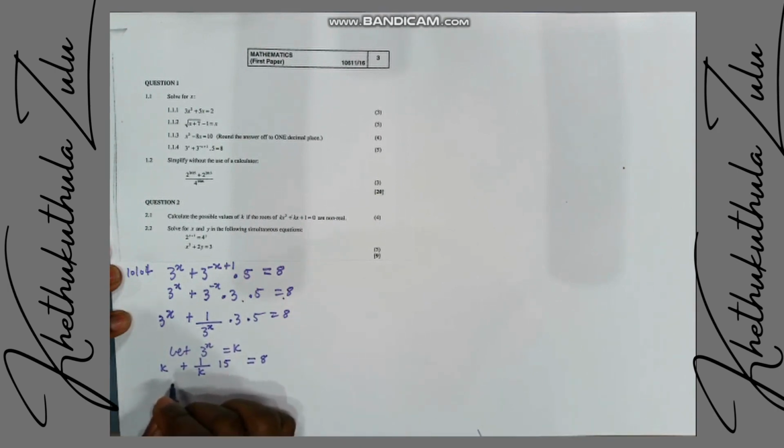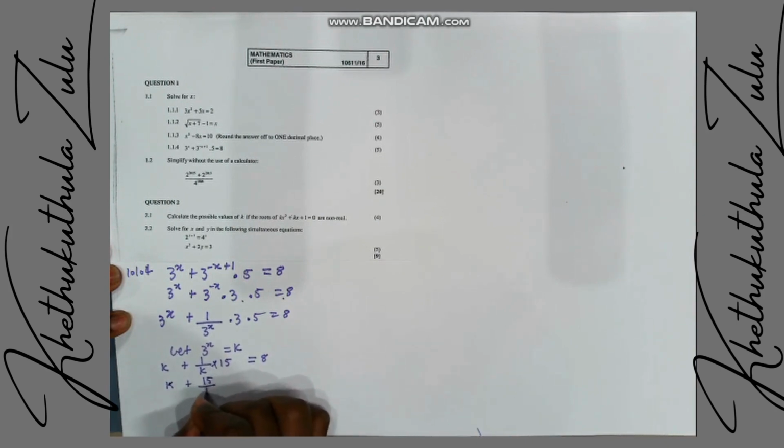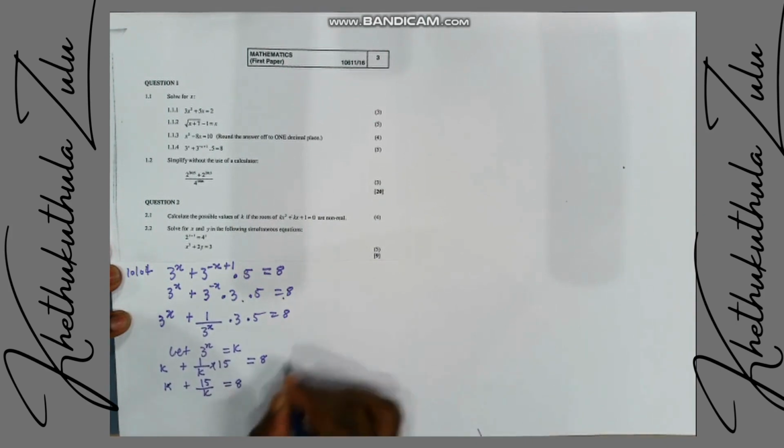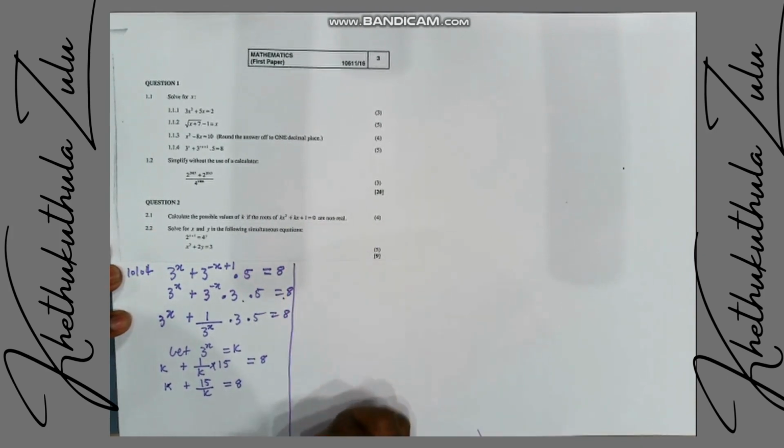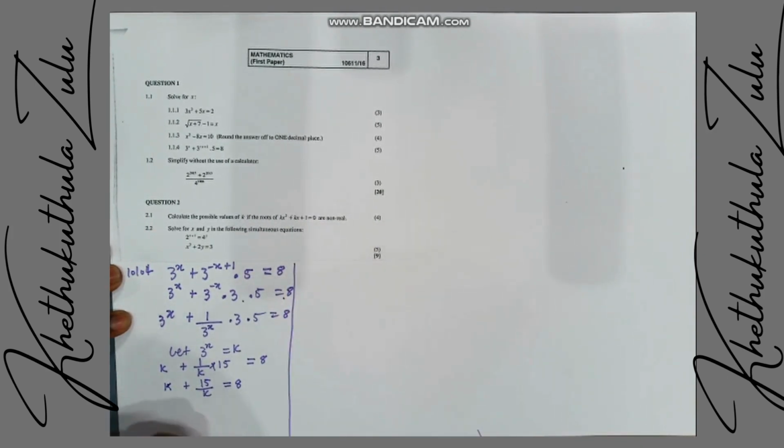And then from here, this 1 over k times 15 is just k plus 15 over k is equal to 8. Then from here we can take what? The LCD. This is over 1.